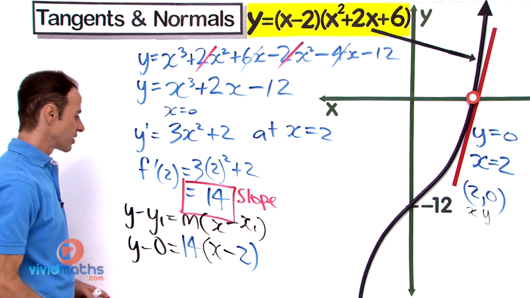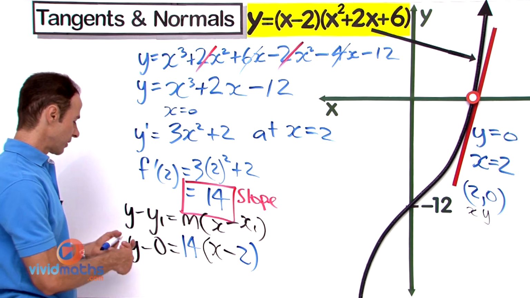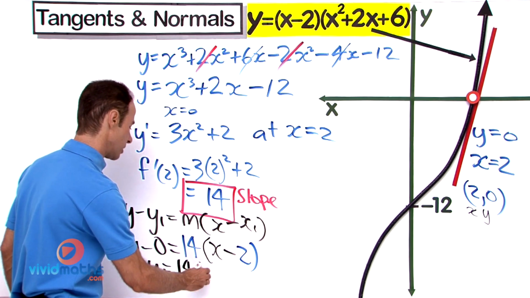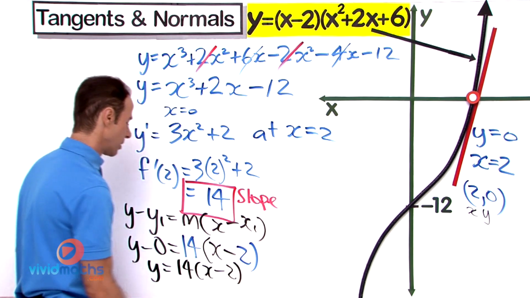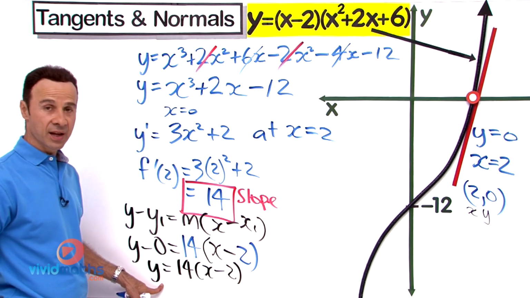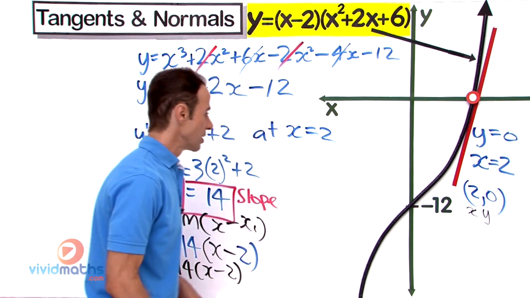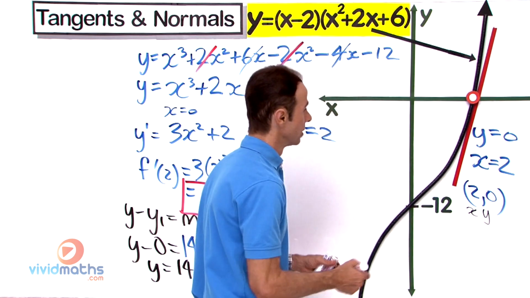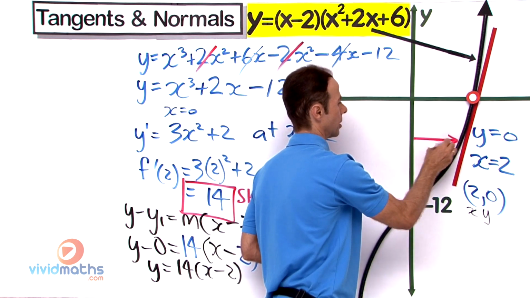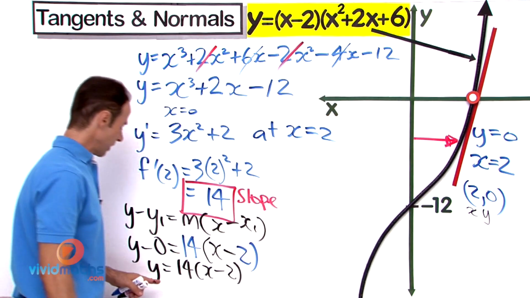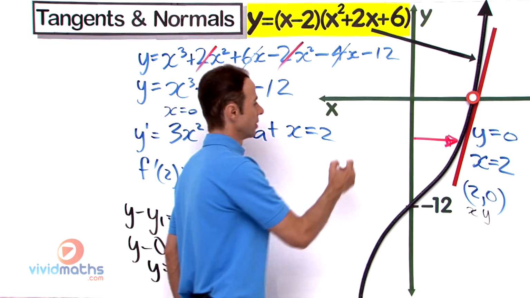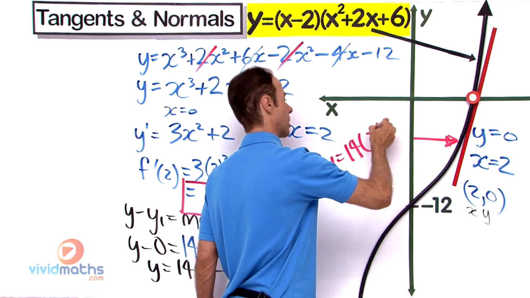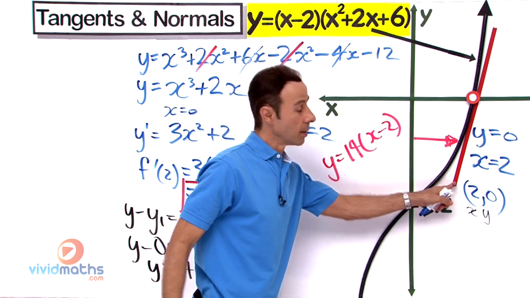Okay, let's further simplify this. So if I further simplify it, that's going to be y is equal to 14 times x minus 2. Now that's our equation of the tangent, and that's right over there. So let me just write it up here next to it in red. And we just copy that down, y equals 14 times x minus 2. And there you have it.